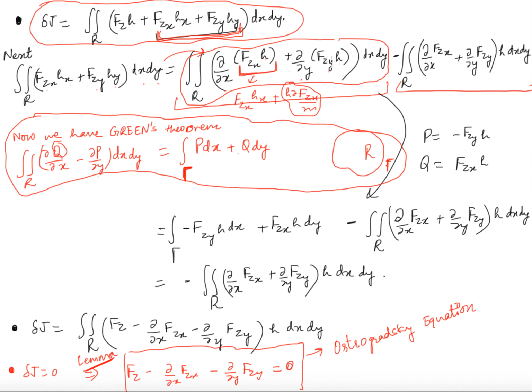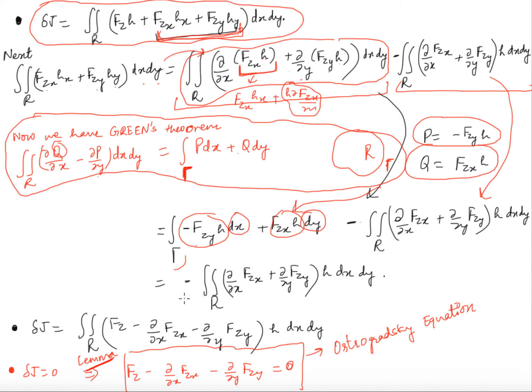So your P is actually minus f_zy h. So this is your P, this is your Q. Apply Green's theorem on the first integral and you'll get this P dx plus Q dy on the boundary, minus this second integral as it is.